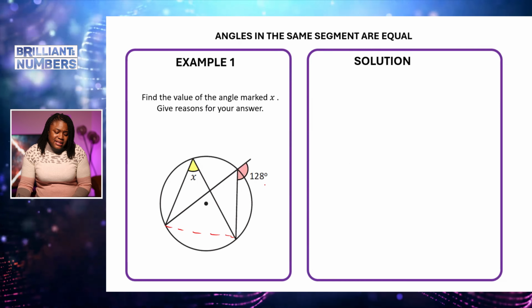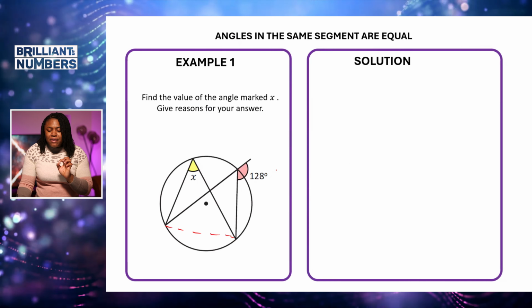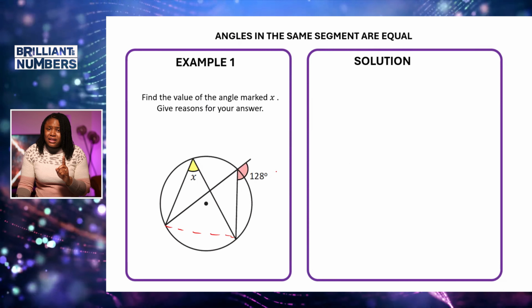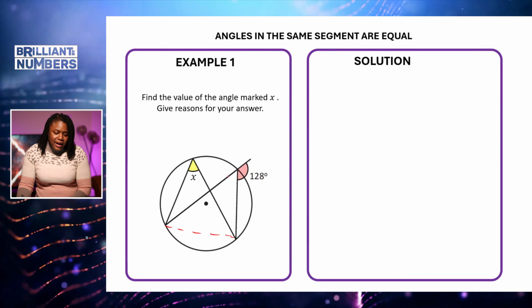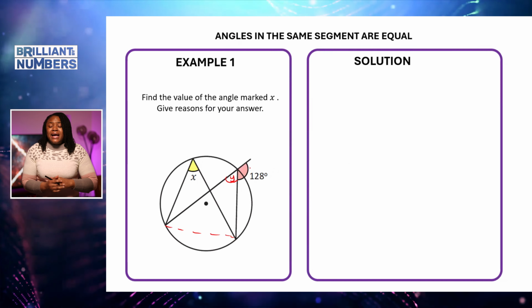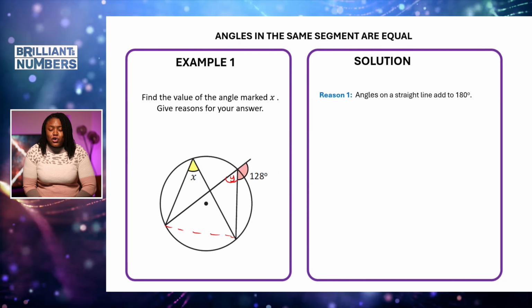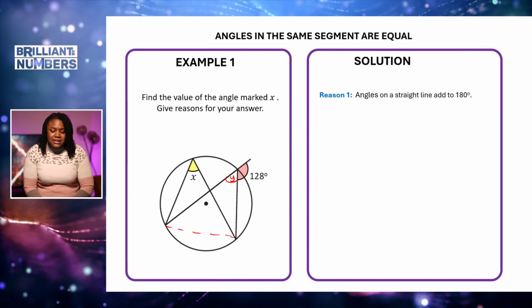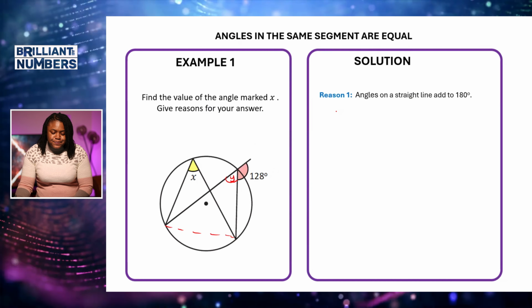Now, I can see I do not know an angle in the triangle. However, I know an angle that links to one of them in the triangle. So here, I'm just going to fill this in and call it Y. I can see now my first reason would be angles on a straight line add to 180 degrees. So therefore, I can find Y.